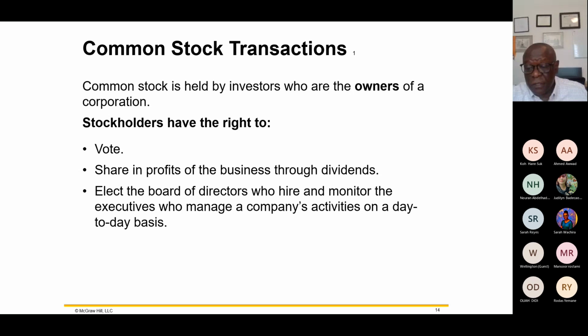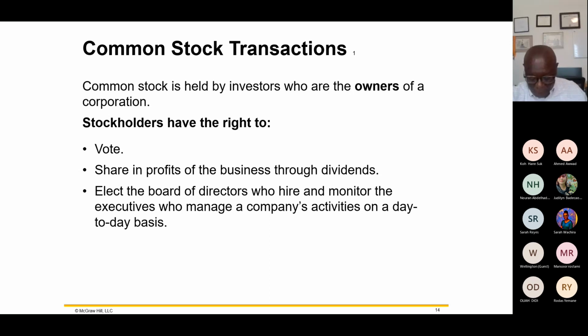Every other thing, read the theory to understand what the stock is, what is common stock, what is preferential stock, and then see how it is calculated. The characteristics of common stock is very important, because that will also be your true, false, and multiple choice questions.